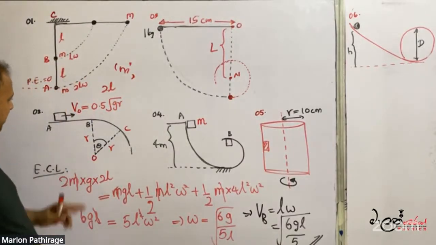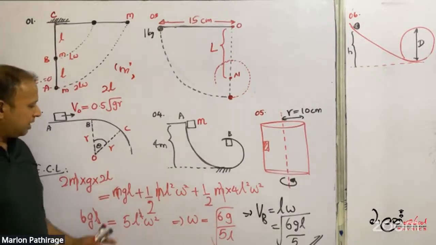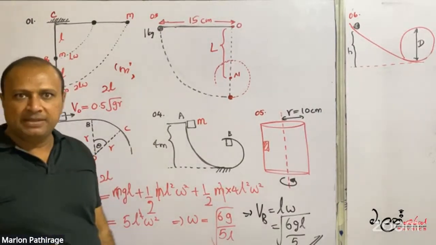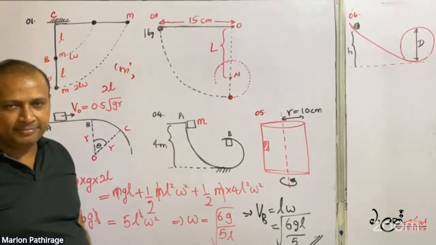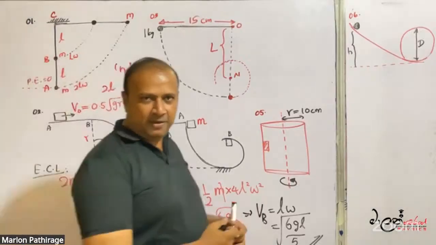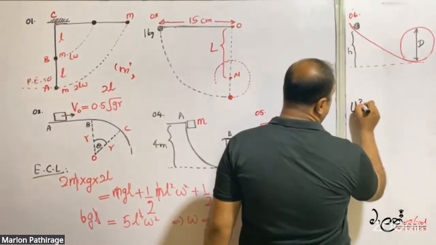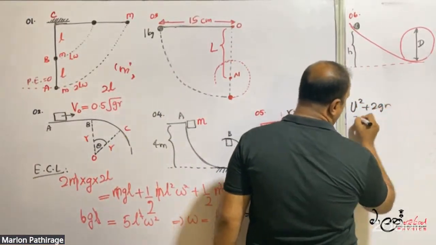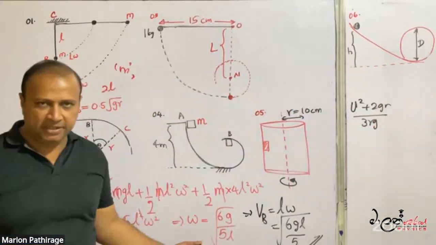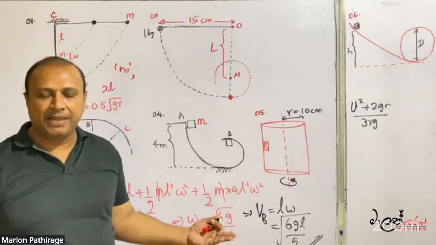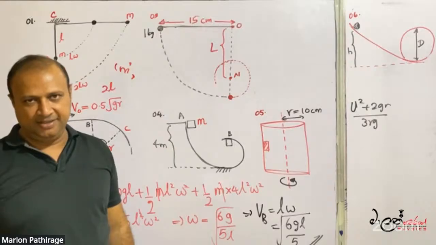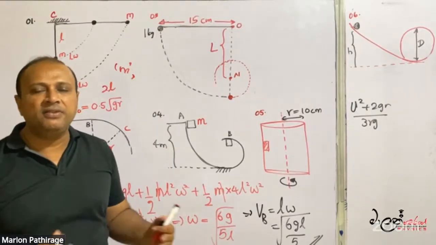The second question. How to take theta? You know cos theta is equal to u squared plus 2gr over 3gr. As I told you earlier, treat these questions as MCQs. No need to write everything.